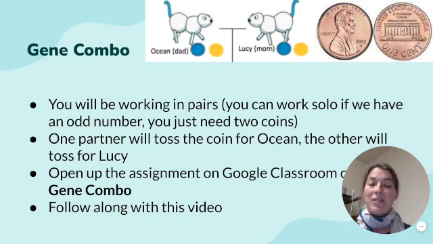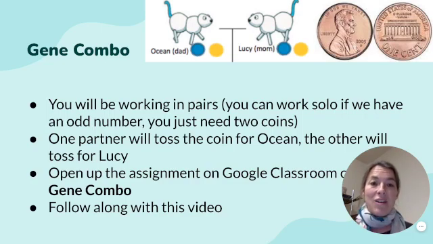One person can work solo, and they just need 2 coins. One person is going to toss a coin for Ocean, and the other person will toss for Lucy. There's a cup of pennies, which we'll pass out in a minute, not yet, where you'll be tossing the coin to determine heads or tails, which gene is passed on to the offspring.